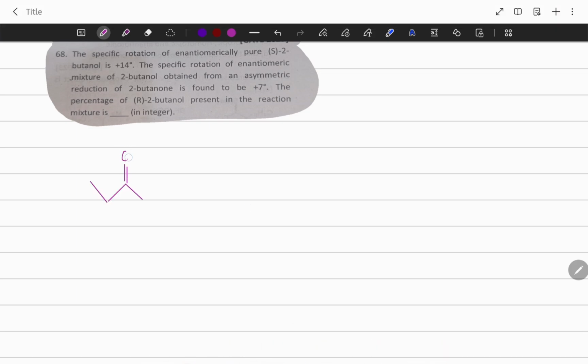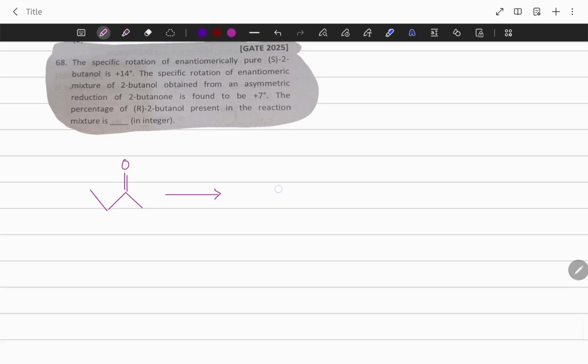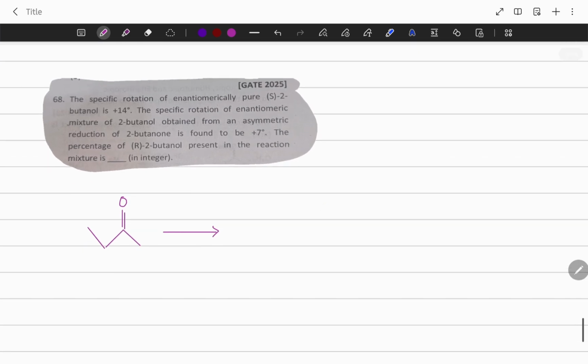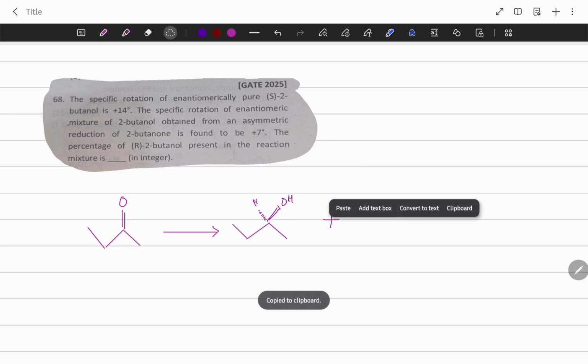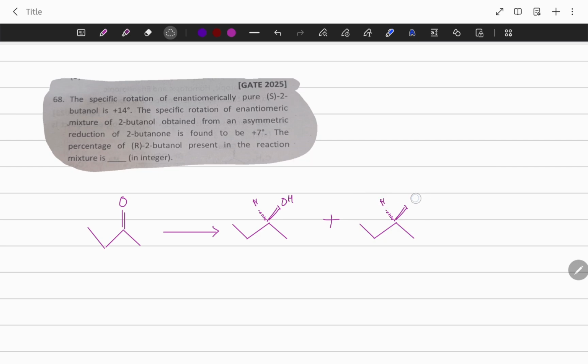So it said that if this is 2-butanone, if this is reduced, you get 2 alcohols. Okay, S-2-butanol.